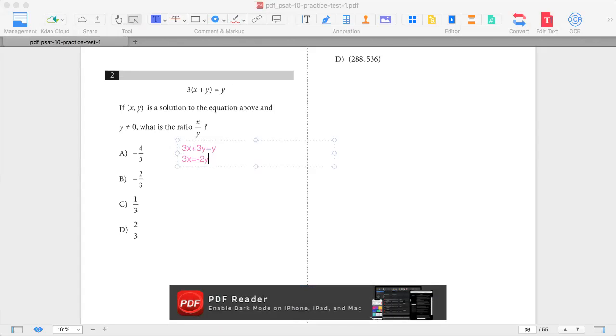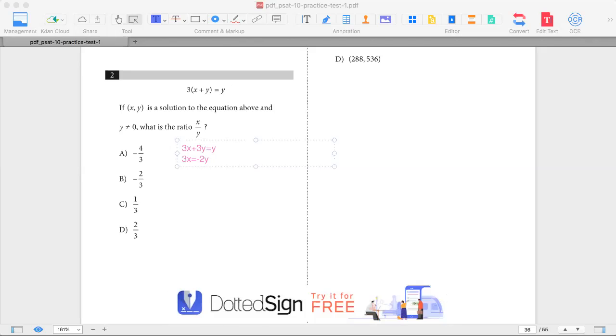Okay, then I want to put x over y on one side and negative 2 over 3 on another side. How will I get it? Because I have here 3x is equal to negative 2y.